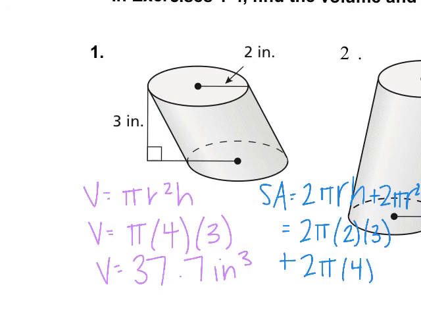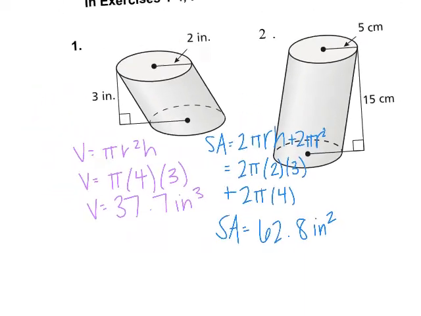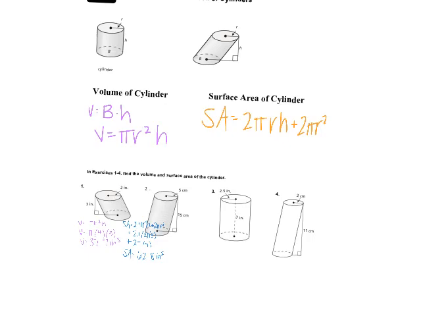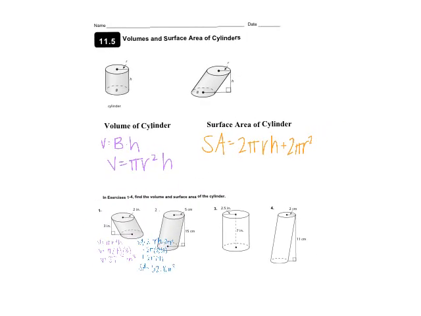Okay, so go ahead and type that into your calculator. 62.8. All right, so the surface area here would be 62.8 inches squared. All right, any more questions on this?